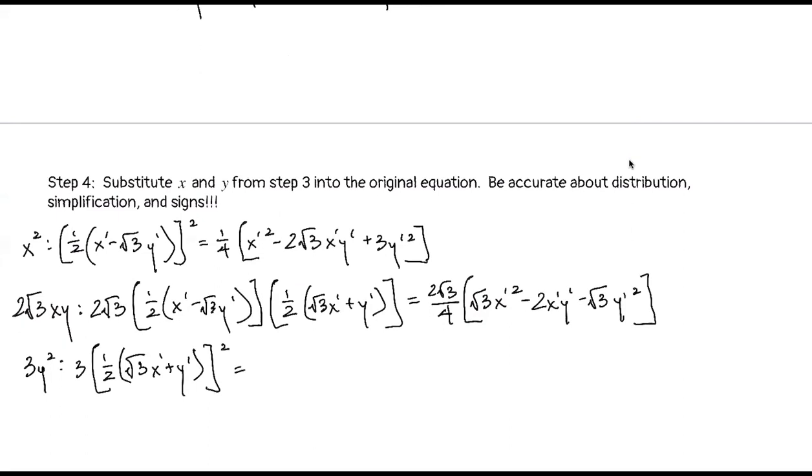So my constant out in the front is going to be 3 because that was already there, and then 3 over 4 because the 1/2 squared gives me a 1/4. And when I square this term that I have right here, I'm going to end up with 3x prime squared plus 2 root 3 x prime y prime plus y prime squared.